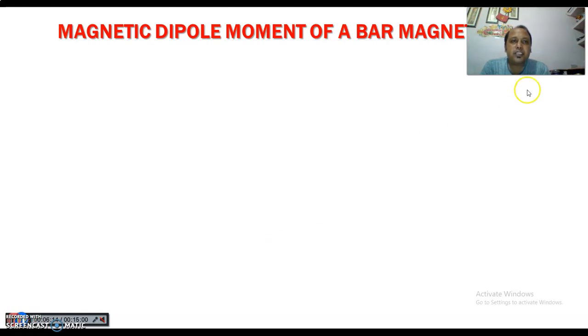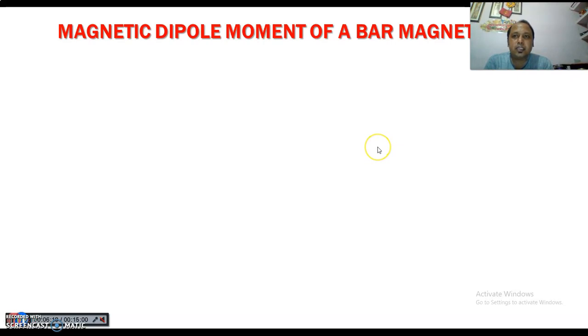Now let us discuss one more important point, that is the magnetic dipole moment of a bar magnet. If you remember, in electrostatics we have studied electric dipole moment. The direction of electric dipole moment was from the negative charge, that is minus q charge, to the plus q charge, and it was given by p is equal to q into twice a.